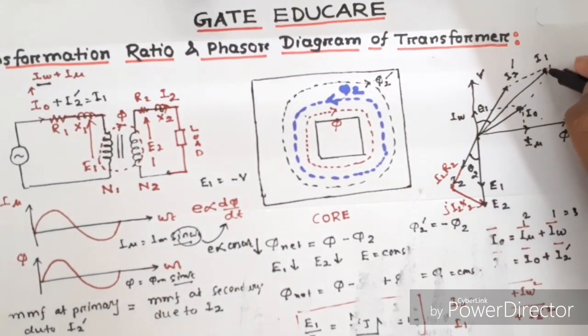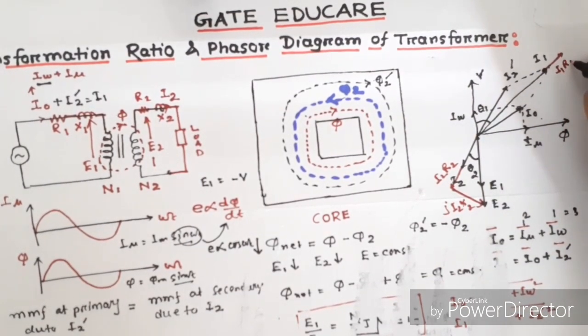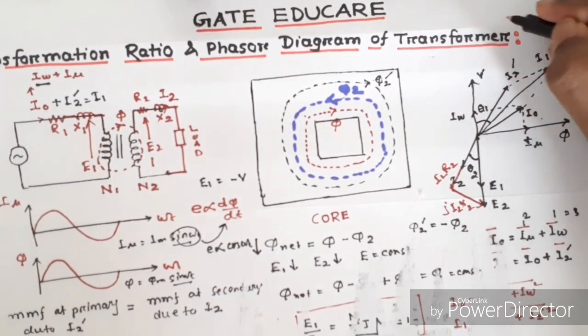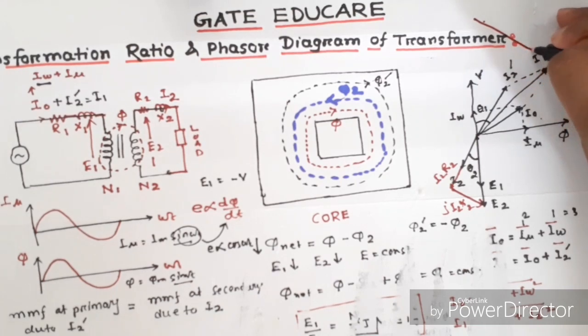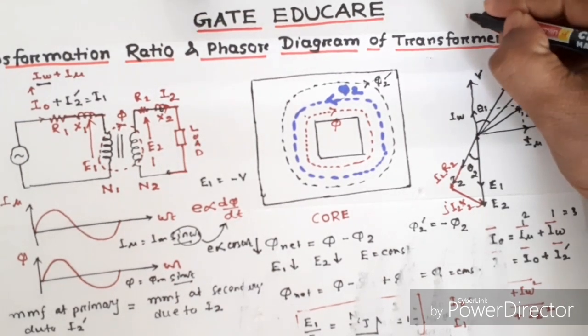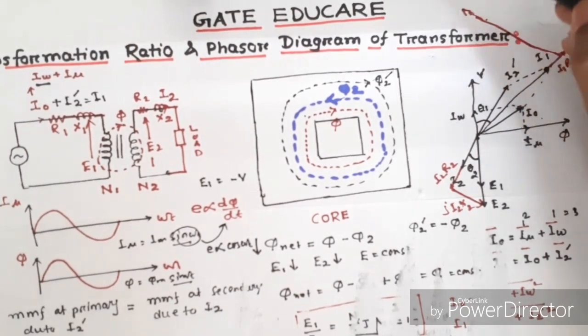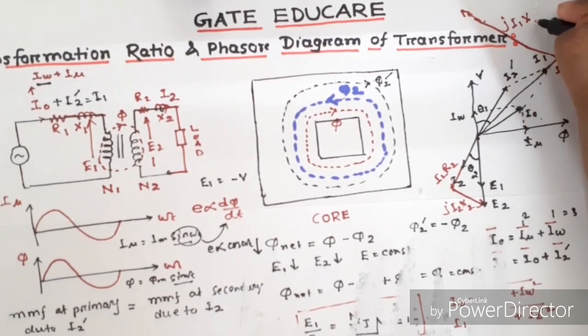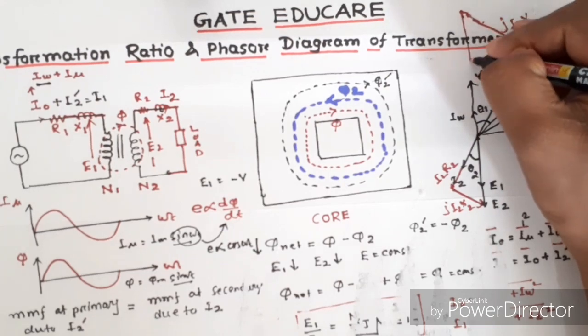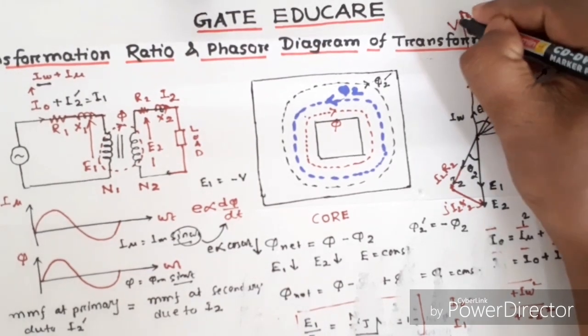Similarly, I1 into R1 plus j into I1 X1 gives you the supply voltage V.